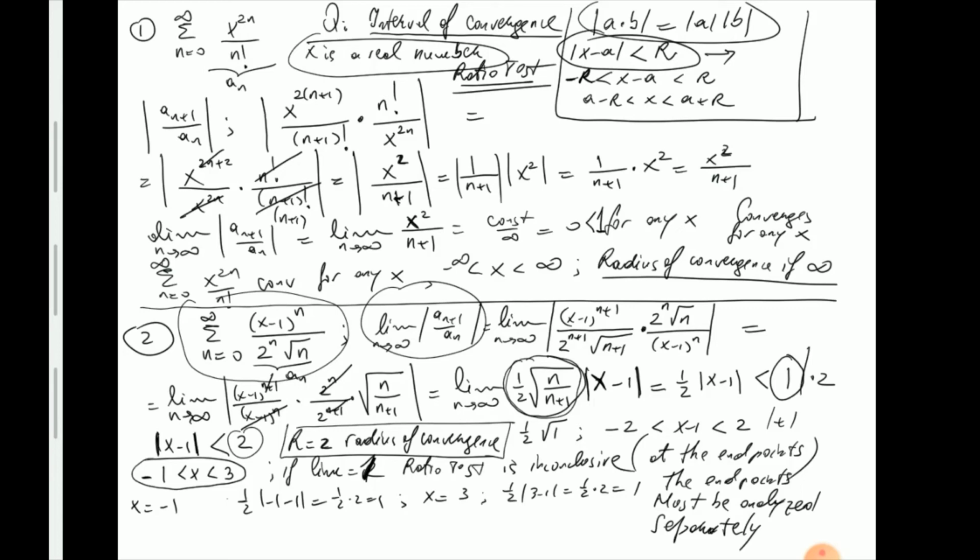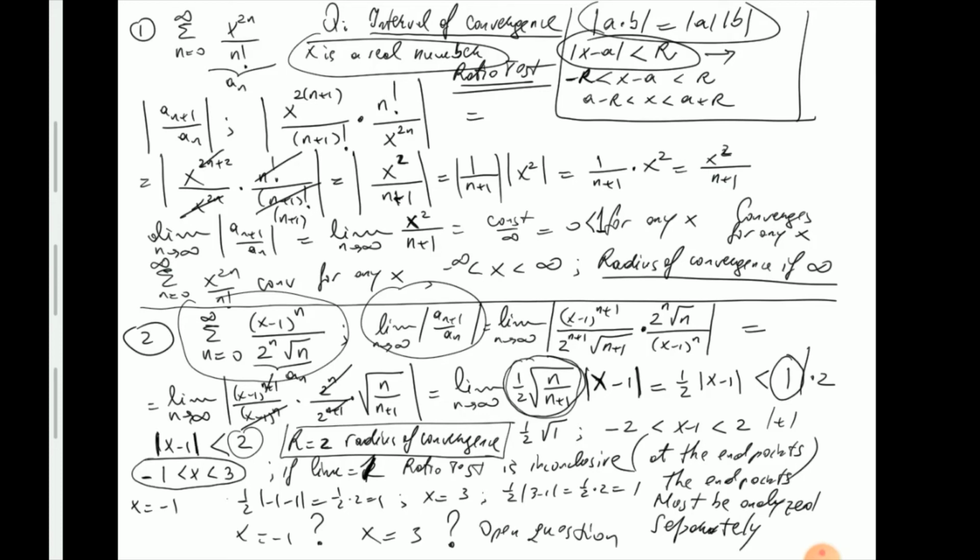But before we move on to the next page, pay attention that we need to do this, because if we don't, we may miss points for which the series might converge as well. At this point, we know for sure it converges strictly between minus 1 and 3, but whether it converges for minus 1 or for 3 is still an open question.